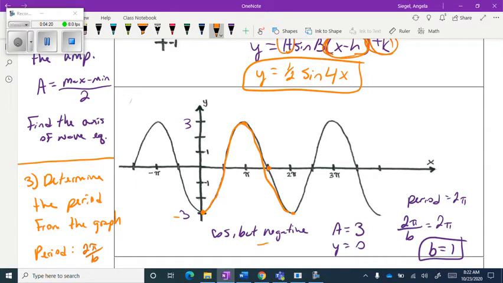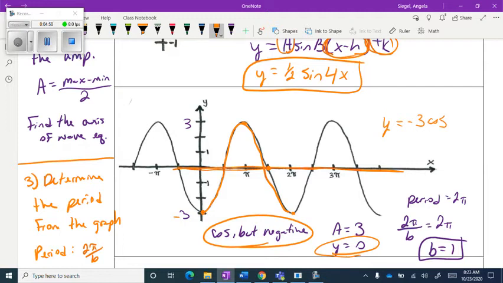So I knew that it was going to be a negative a value. Even though our amplitude is +3, it's going to be negative in our equation. So y equals -3, and again, it's cosine. And I don't want to leave this out, we found this equilibrium position or axis of wave equation at y equals 0. So that made it easier to find what a is.